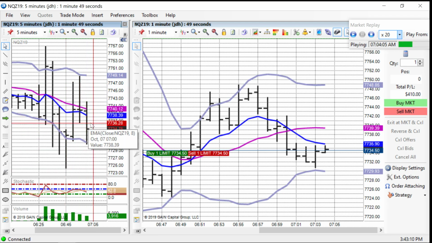So if I see that next 5-minute bar come through that ADMA line towards the upside, I want to be a long trader there. So we'll see how that develops.